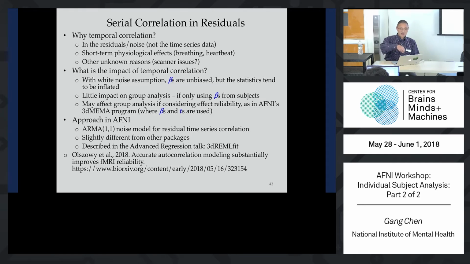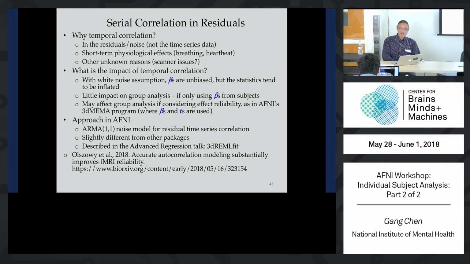Because it doesn't have much impact on the beta, but it does have impact on the standard error of the beta values, the reliability information about the beta. So that means the T statistic and the F statistic will be changed depending on whether you take care of the temporal structure or not.